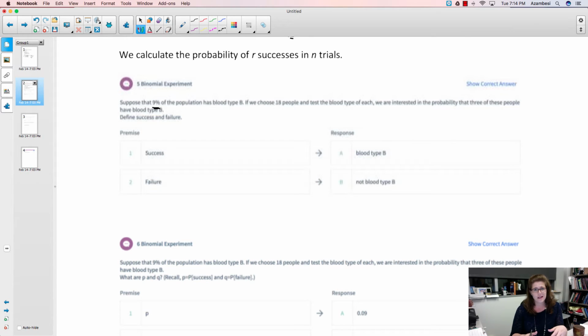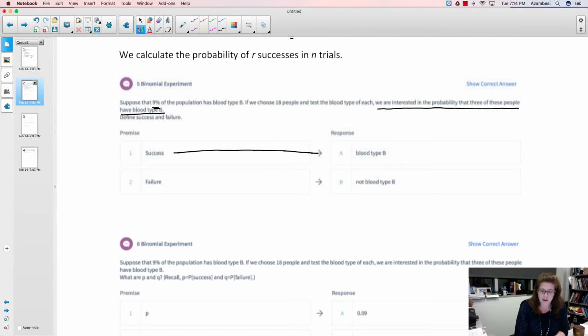Success is not necessarily positive, but it's the thing we want to calculate the probability of. So this says we are interested in the probability that 3 of these people have blood type B, so we would consider a success being blood type B. That means that a failure is the complement of that, so B complement would be not blood type B.